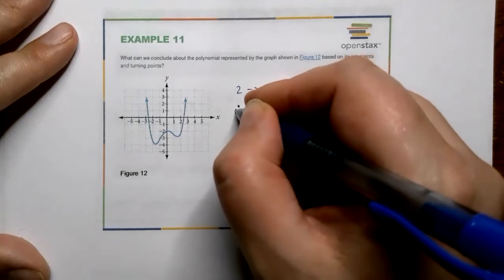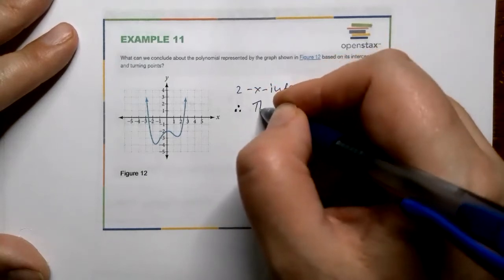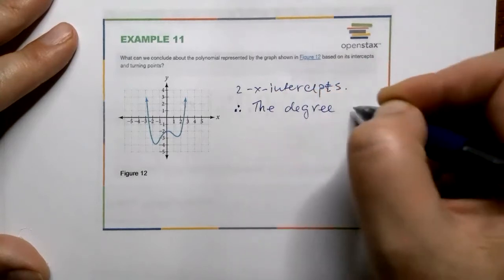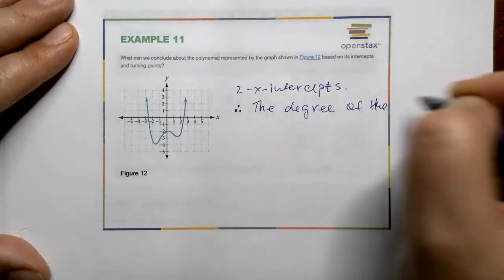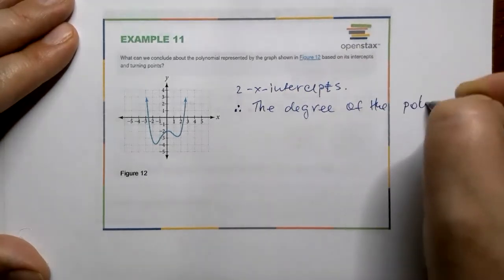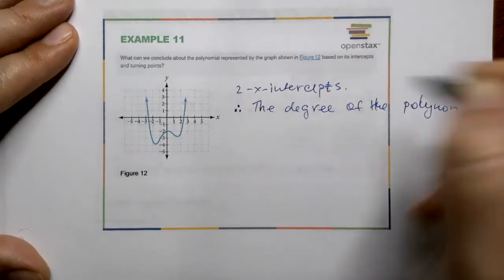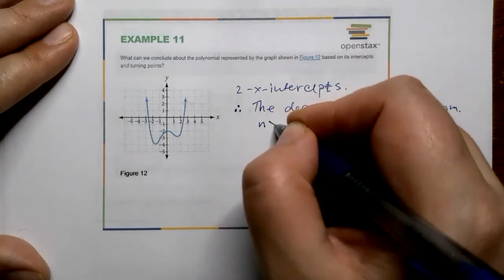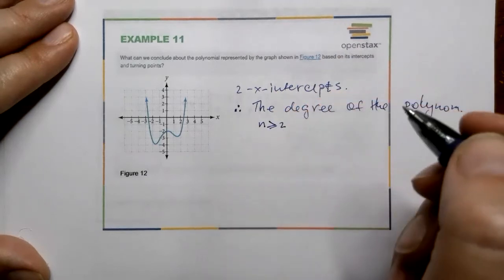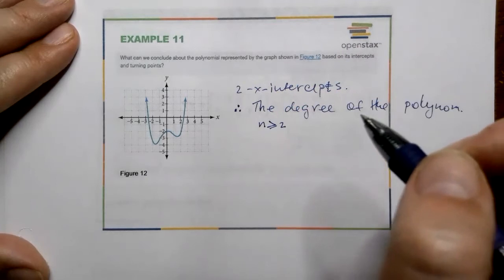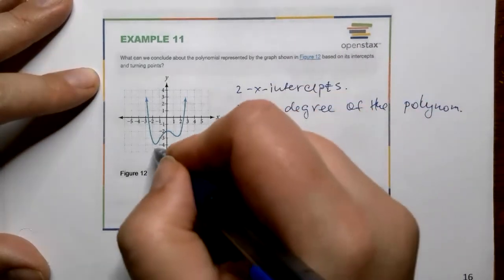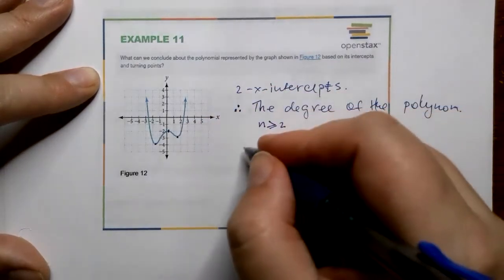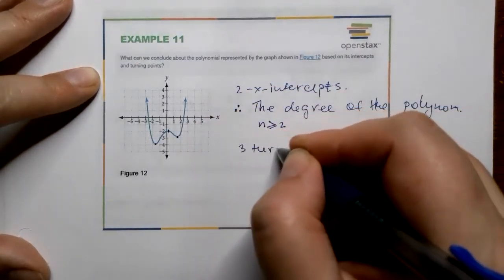These 3 dots mean therefore in math. The degree of the polynomial, and they used n to indicate degree, is at least 2, so n must be greater than or equal to 2. Okay, so what about the turning points? We have 1, 2, 3 turning points.